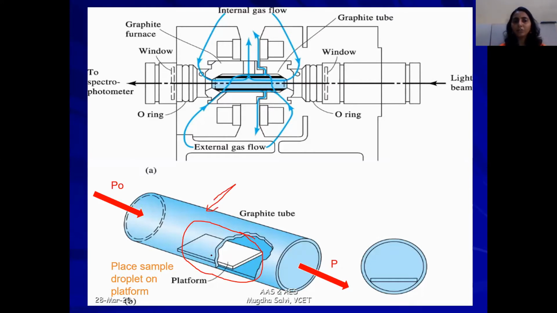This hollow graphite tube is heated, and when it is heated, the platform also gets heated, and the sample placed on that graphite platform will also be heated. The radiation passing through it, P0 in and P out, lets you measure the absorbance. So it operates similar to a flame, only that there is no actual combustion taking place inside it.